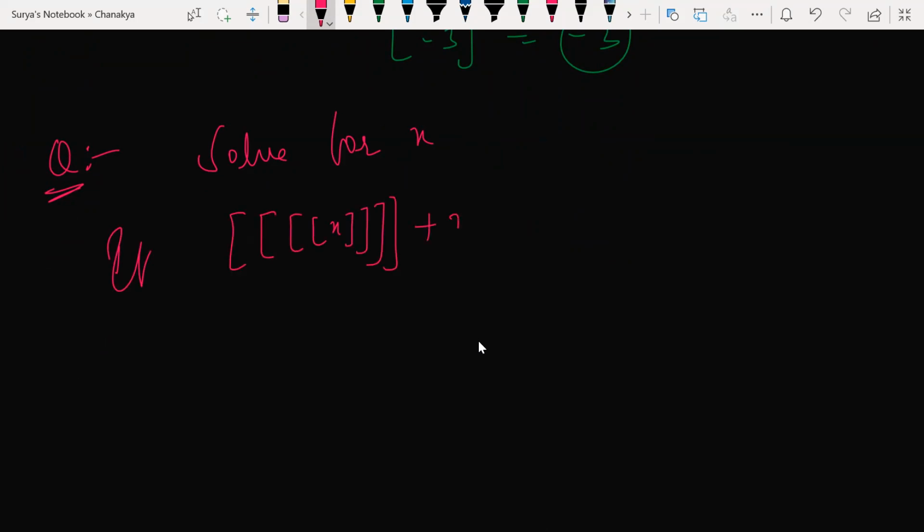Step x plus step x plus step x plus step x is greater than 20.